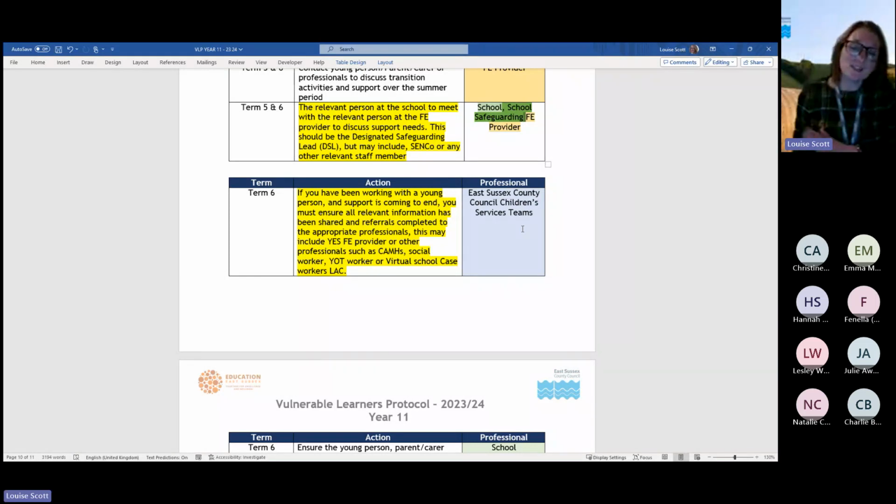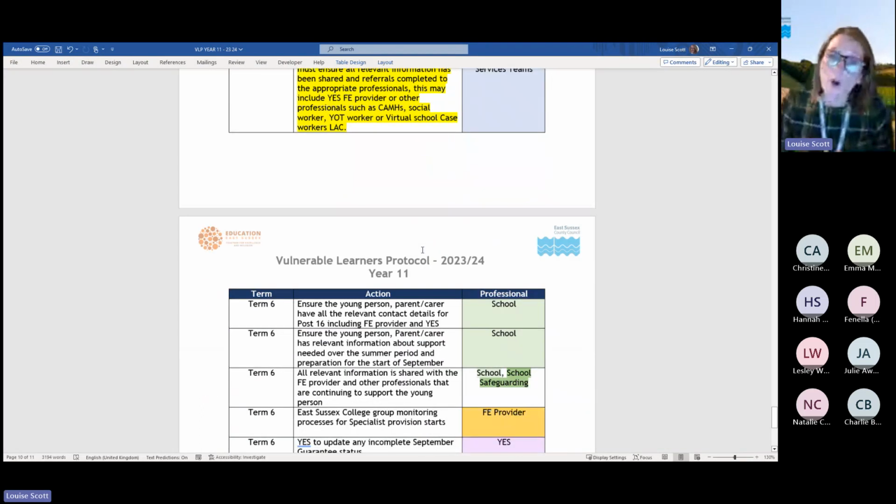So again, it's really important that that information and that conversation is happening between the professional, so the professional East Sussex County Council Children's Services team is having those conversations and liaising with the relevant organisation setting, so that information is shared and that they know that you're a link as well. And if you're continuing to work with the young person, it is also to have those conversations.